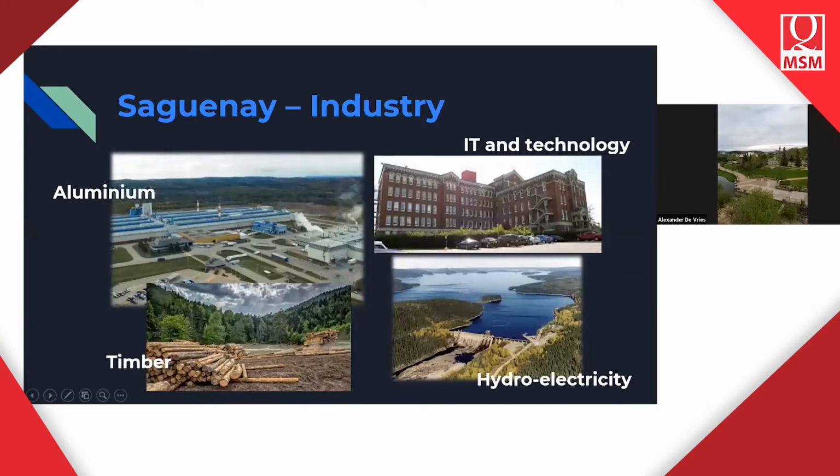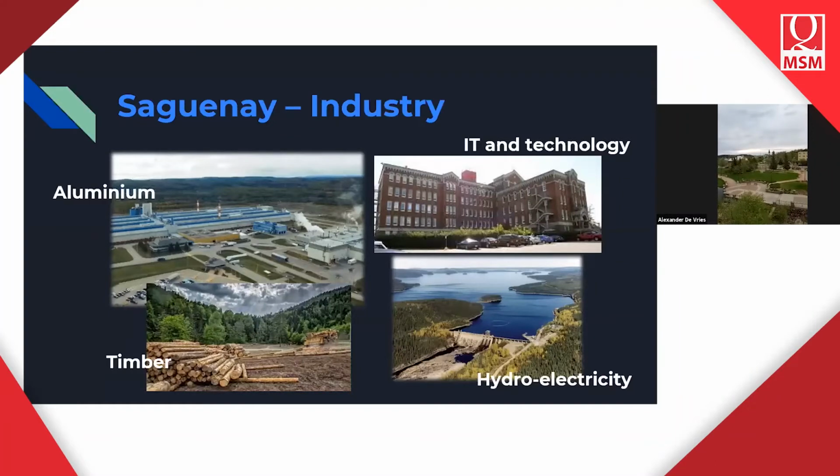So that's a quick look at some of the industries that I mentioned. Let's say aluminium. Rio Tinto Alcan is one of the biggest aluminium producers in the world. They have 3 big factories here. As I mentioned, timber is obviously still very common. It has been for centuries now. You can see in the top right-hand corner, that is the building that we use for the college.